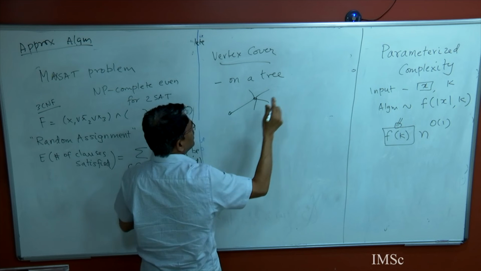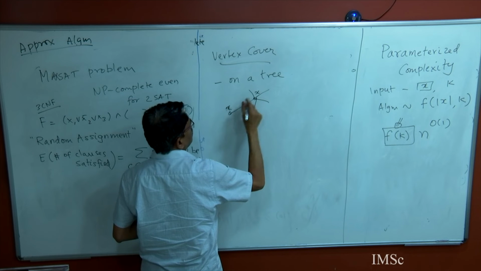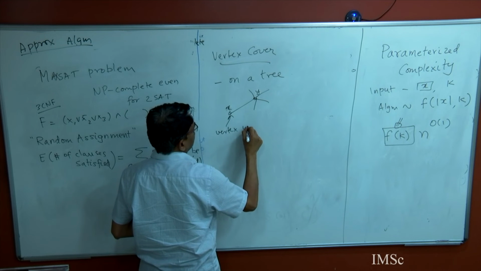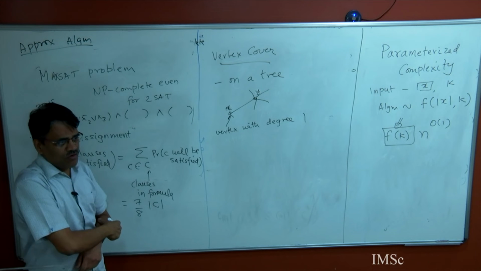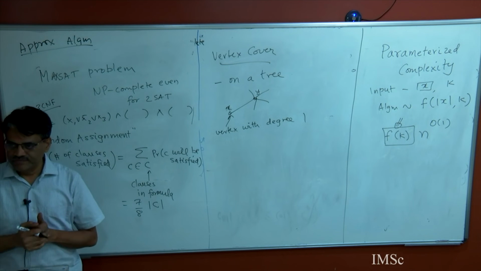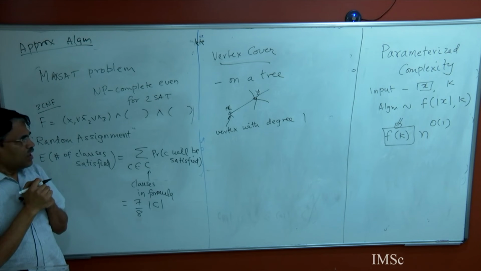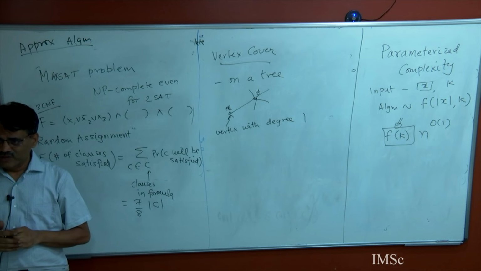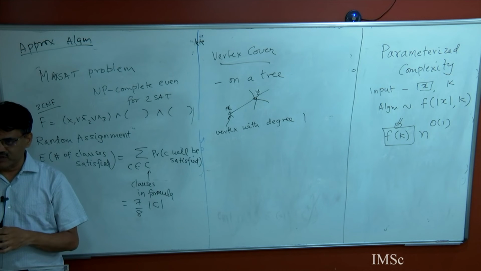It may or may not be a tree, but if I have a vertex with degree 1, can you pre-process it somehow for vertex cover? What can you do? I want to find the minimum vertex cover in the graph. In general, if I have a vertex with degree 1 in the graph, here is a simple pre-processing you can do when you are trying to find the minimum vertex cover.